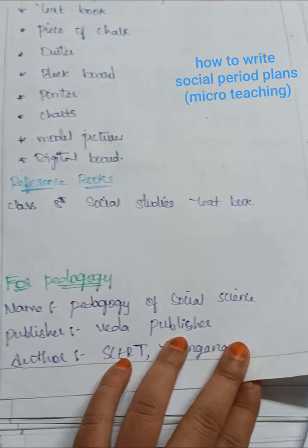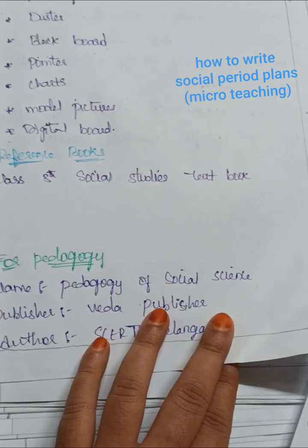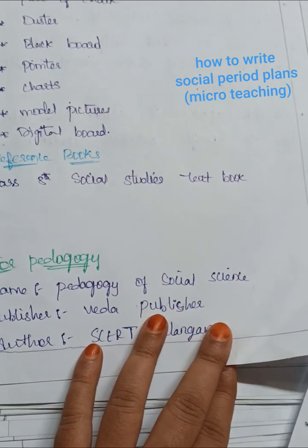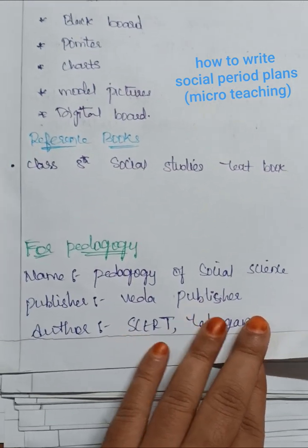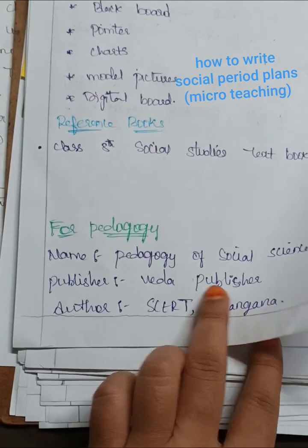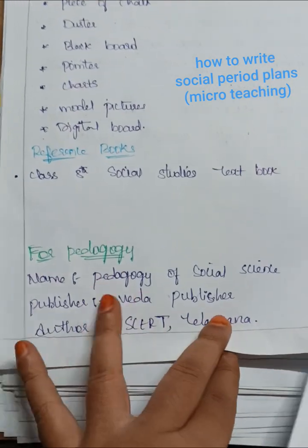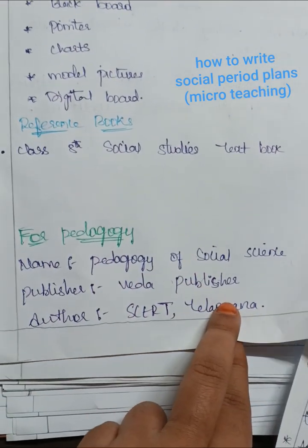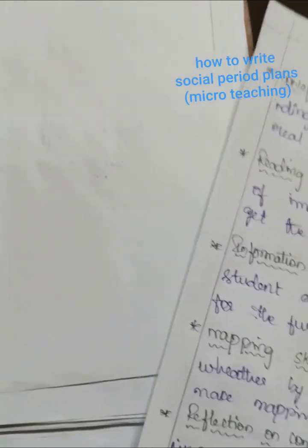You have to write the reference books. In reference books, whatever you are taking, like the 8th class textbook, I have taken like this, and advertisements, newspapers, pamphlets. And for pedagogy, you have to write the name, publisher, author. For example, pedagogy of social science, publisher Veda Publications, author Kurtz Telangana. This is the way you have to write.